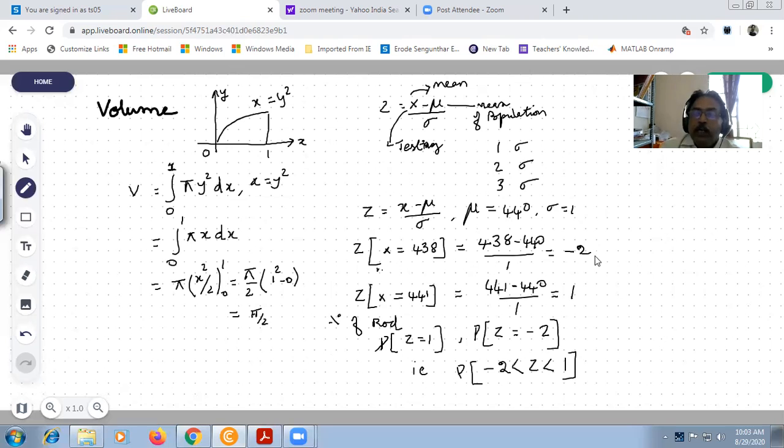Whenever you have a problem like this, you draw the 3 sigma distribution given by the diagram. This is a normal distribution. You take this as minus 2 and you take this as 1.